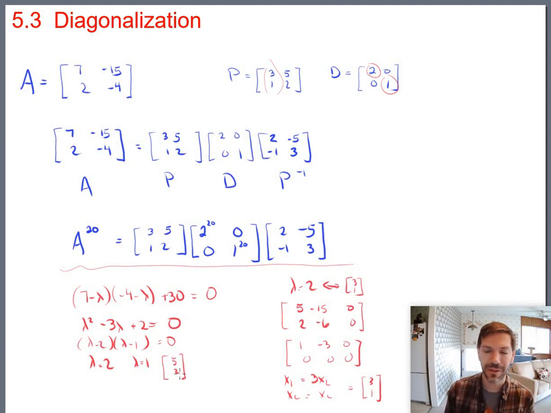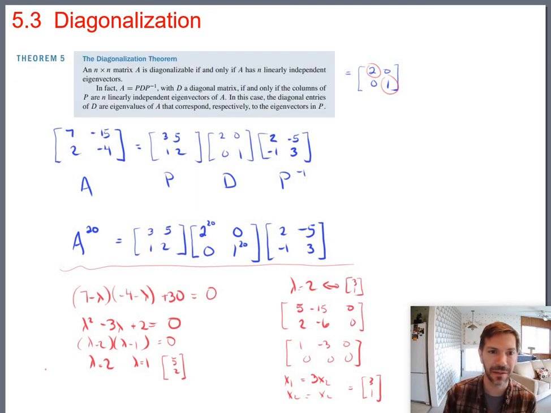So really, once we can find the eigenvalues and the eigenvectors, we can build P and D, and therefore have P inverse as well. And that is actually the big theorem for this section, the diagonalization theorem. It says the n by n matrix is diagonalizable only, first of all, if it has n independent eigenvectors.